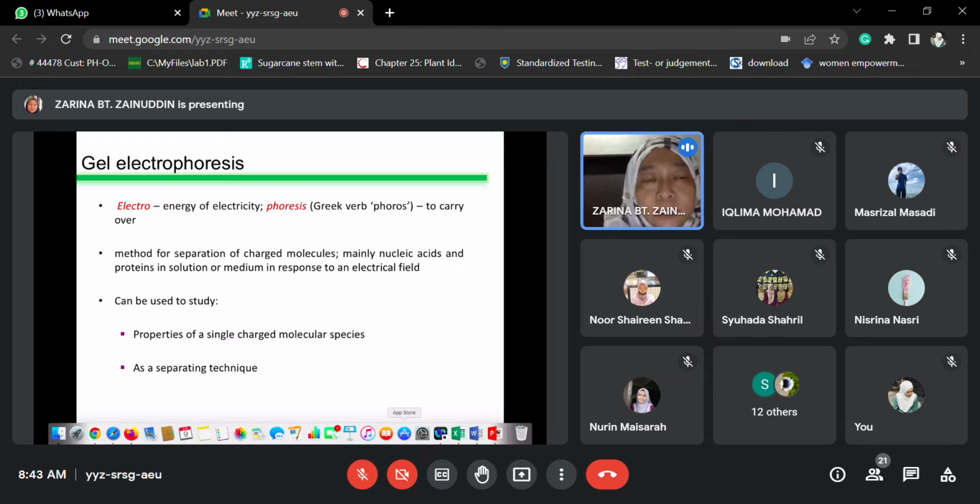Okay, so the word electrophoresis actually consists of two words. Electro, you know, electricity, and phoresis is from the Greek word phoros, which means to carry over. So electricity will carry over nucleic acid, which can be DNA, RNA, or protein. So we use electrophoresis to separate charged molecules, mainly nucleic acid and also protein.